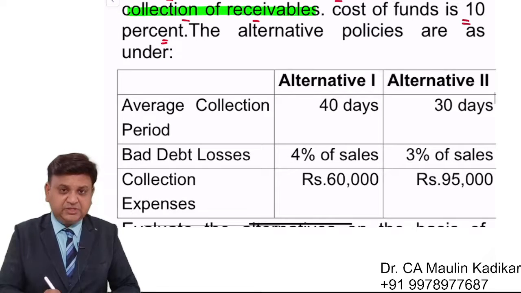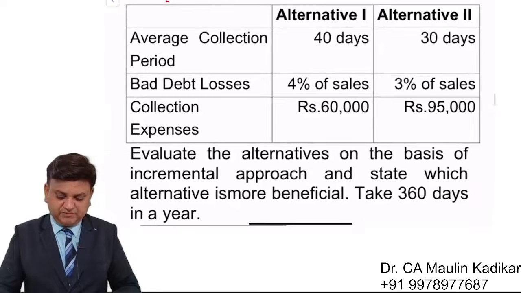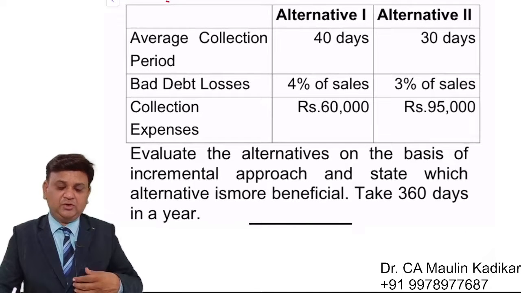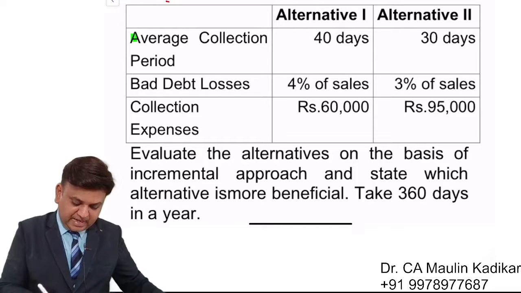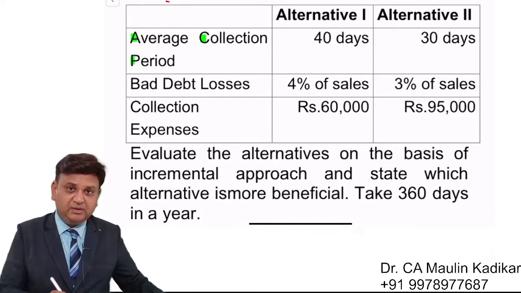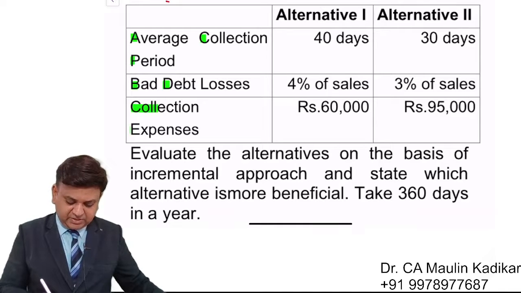Discounting rate is 10%. Alternative policies are given to us. First alternative, second alternative. In both of them, average collection period is given, loss on account of bad debts is given, collection expenses are given.